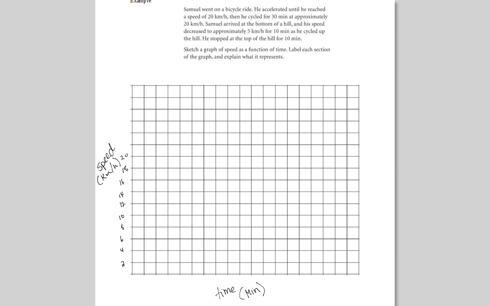So what do you want to go by? 5s maybe? So 0's in the corner and then go 5, 10, 15, 20, 25, 30, 35, 40, 45, 50. Okay, we did our best to fill the graph.